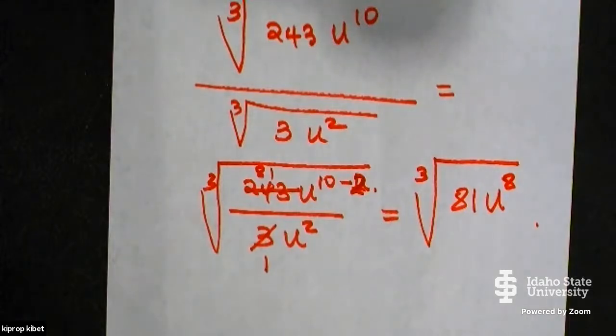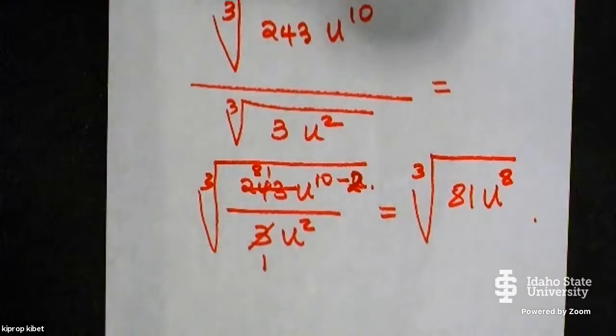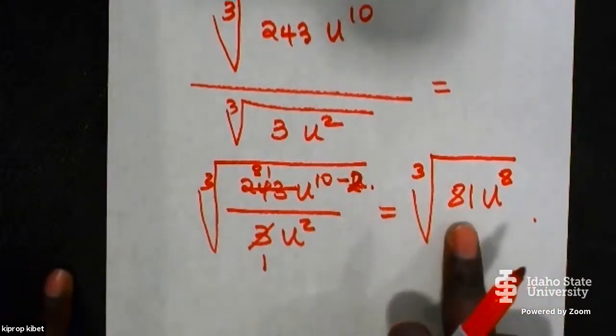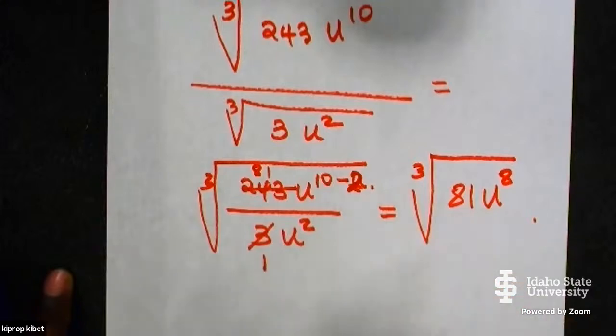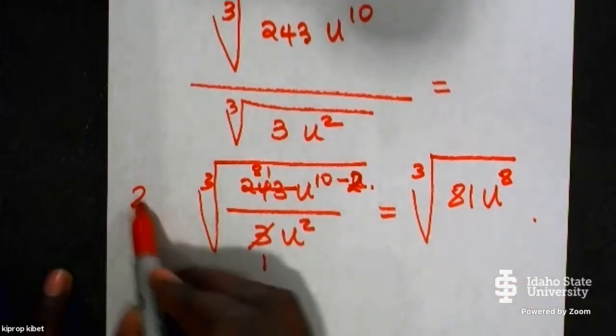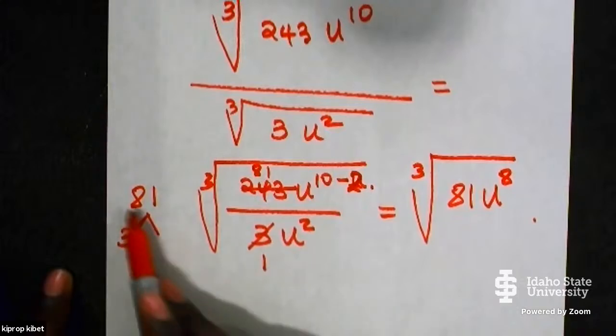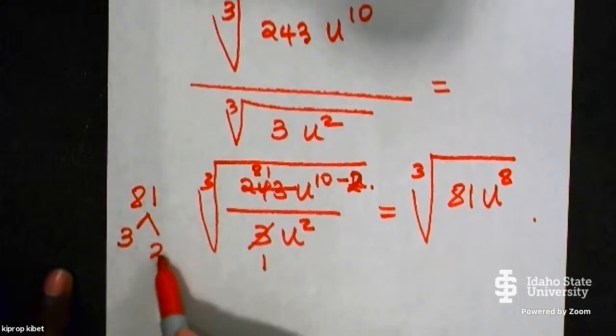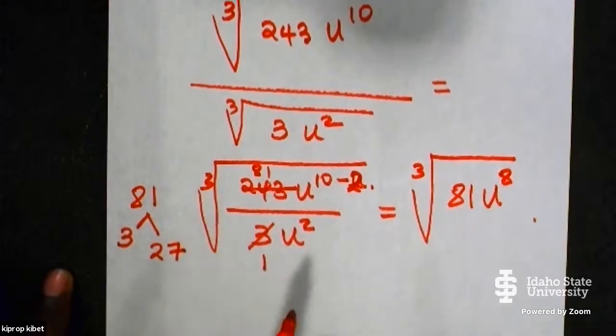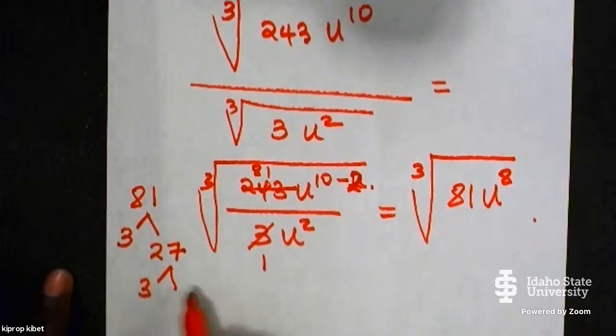Now, you can still simplify this. So you can get the factors of 81. If you divide by 3, what do you get? Is it 27? Right? And then 3, you get 9.